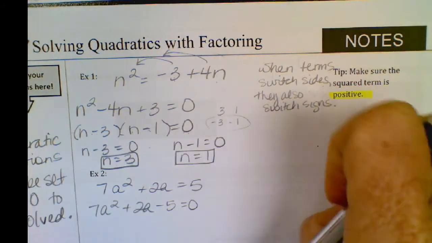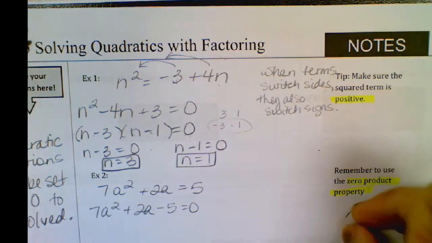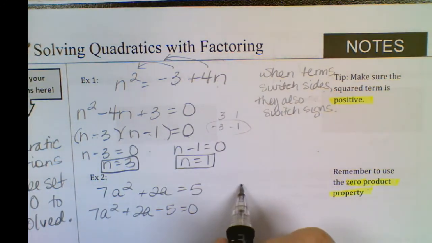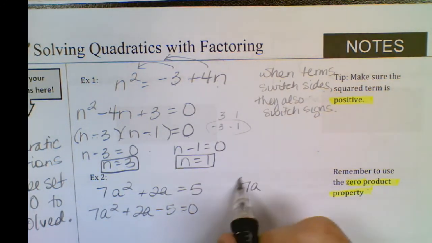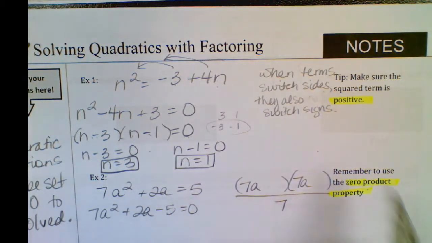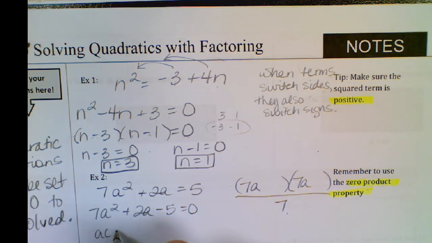This time I'm going to actually use that Australian method, because the more I use it, the more I kind of like it. So you're going to have 7a and 7a, and then we've got to put a 7 down there because we've got extra 7s up there, so they've got to offset each other. Now my AC value equals -35, and my B value is 2.